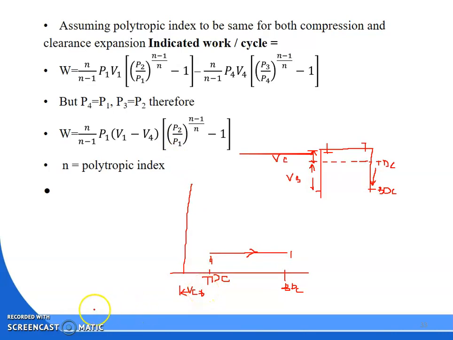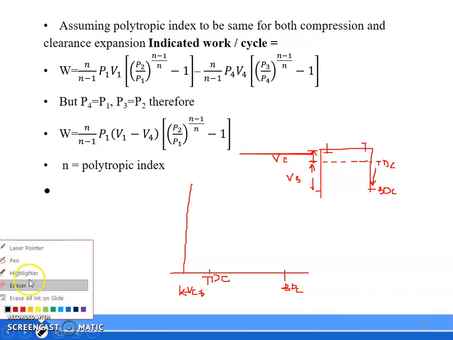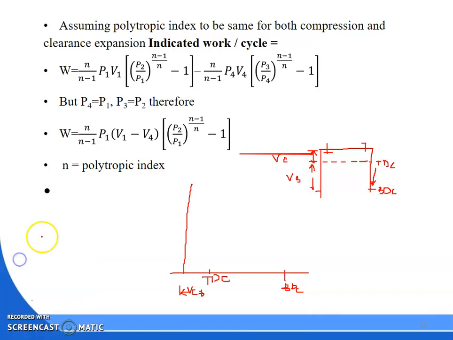Is that clear? When the piston moves from BDC to TDC, the air will be compressed.